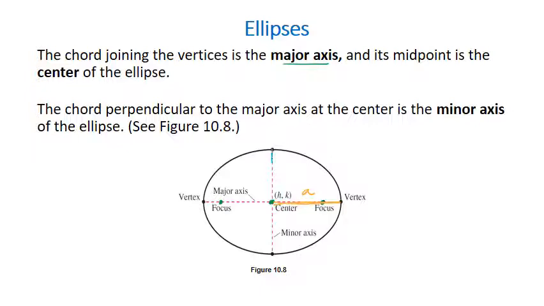On the minor axis, the distance from the center to the other side of the ellipse is a distance of B. Then sometimes the distance C is helpful. The distance C is the distance from the center to the focus. Okay, and we'll take a look on the next page.